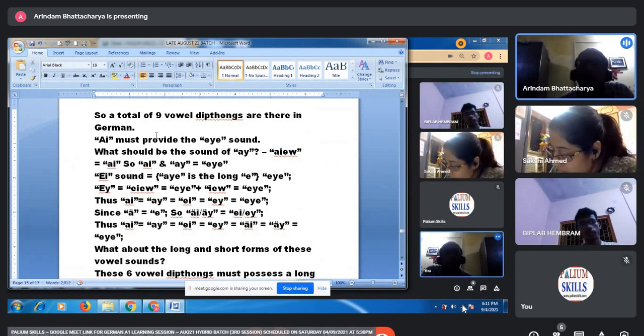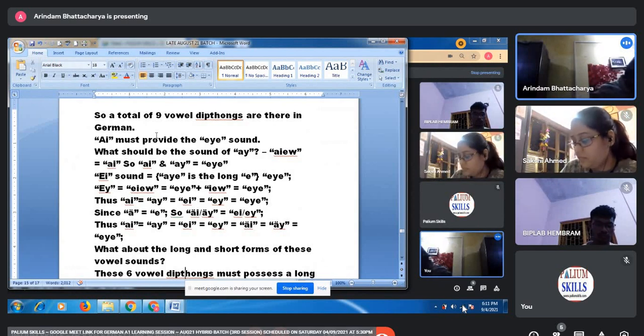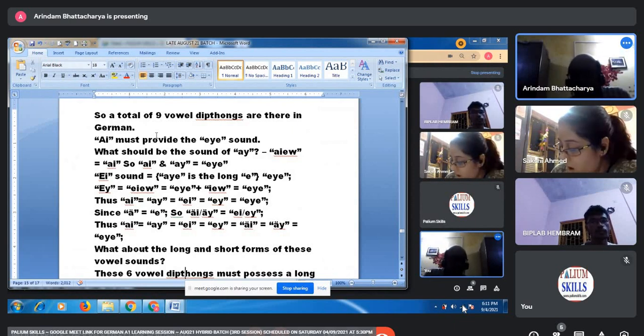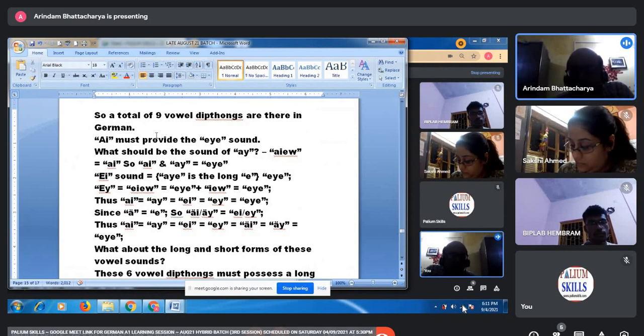When is I long? When I is short, since this is a combination of A and E, we find that E will suffer. That is, nobody will be able to hear the E. People will be able to hear the A and not the E. Like higher.